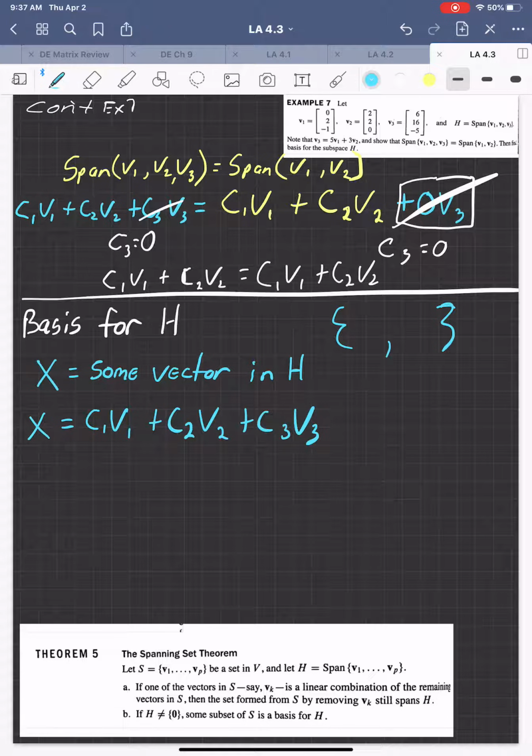So I can reach any point in H by just choosing various scalars to multiply by these vectors.